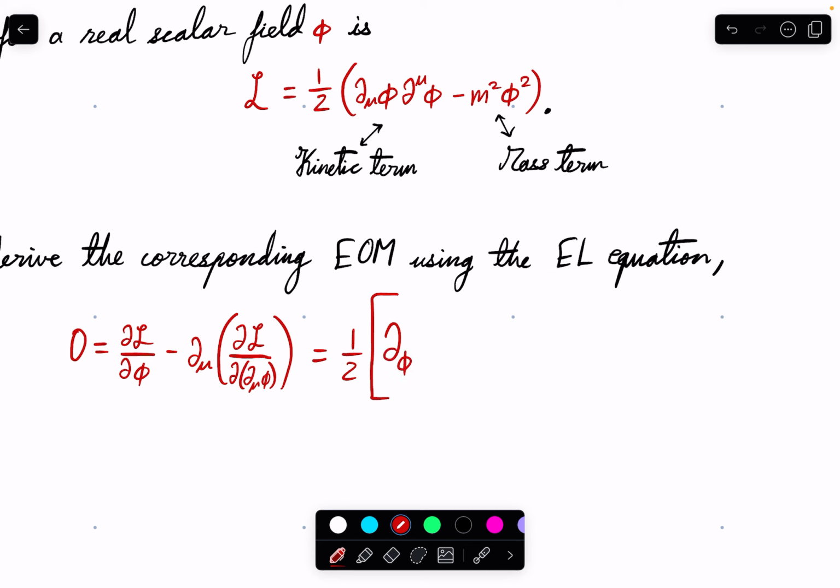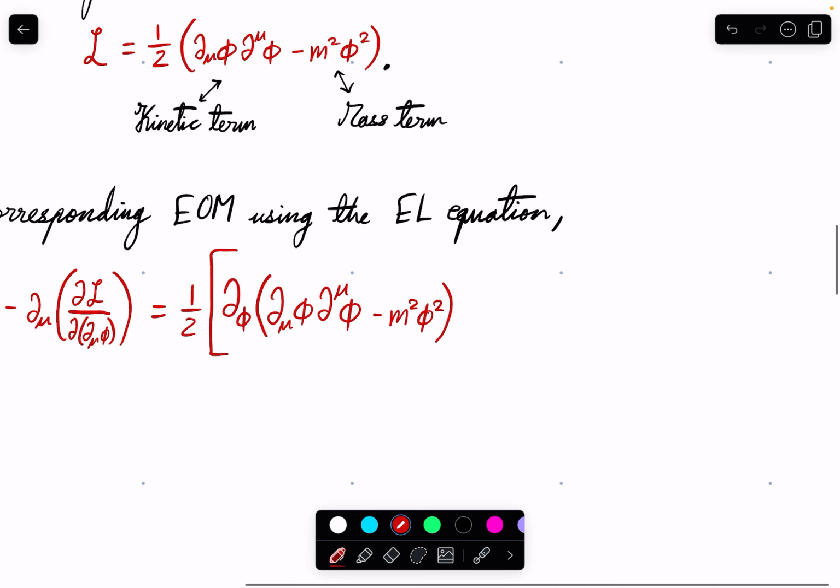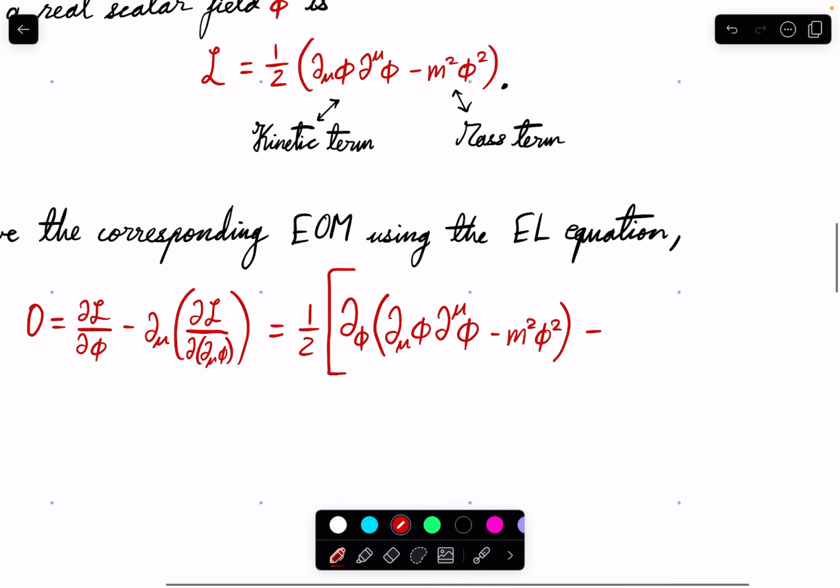I'm going to write this shorthand as d phi of d mu phi d mu phi minus m squared phi squared. So that's the first term in this equation.